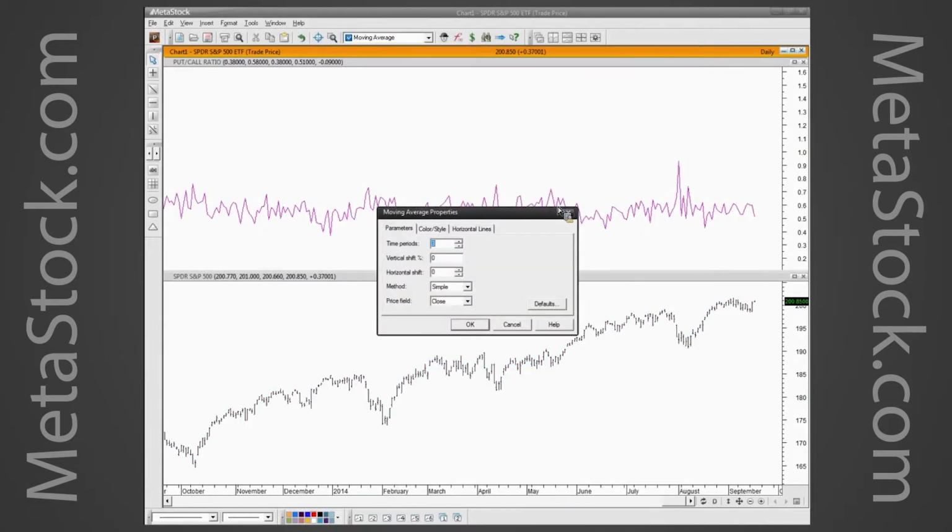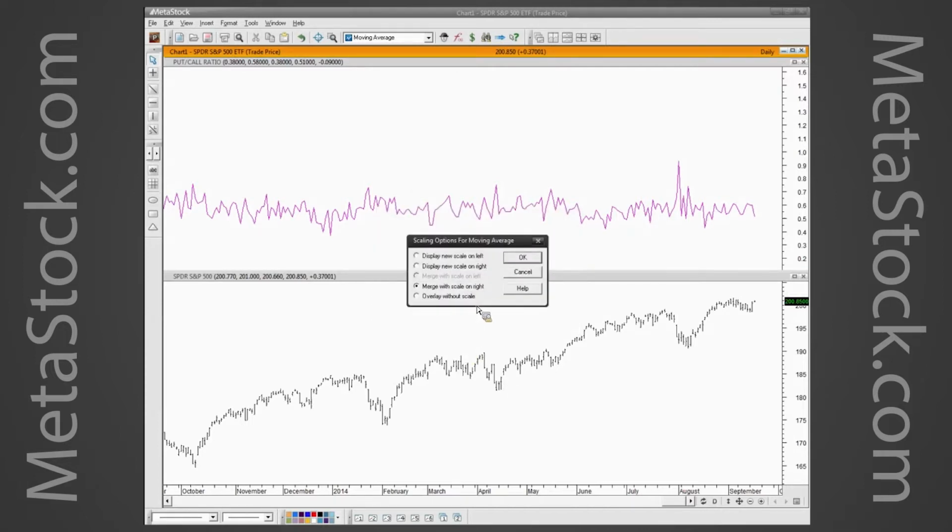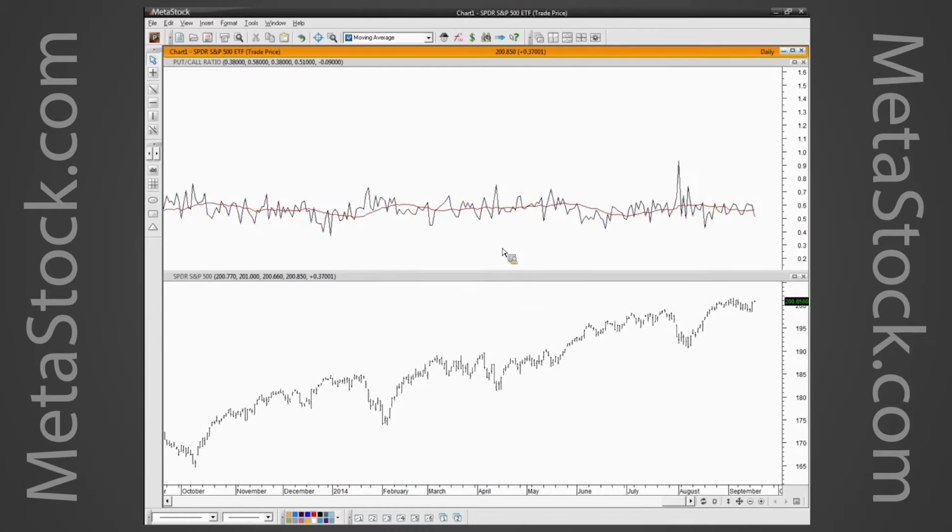Notice that when I dragged my pointer onto the screen from the indicator quick list, I moved it over the put call ratio plot and watch for it to change color, and then that way I know that that's what I'm plotting it on. So we'll just put in 21 in there. We're just going to make this a simple moving average. So we'll click OK.